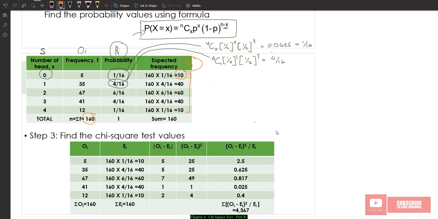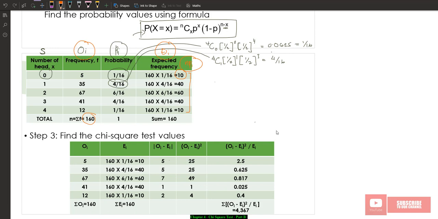We have our observed frequency and expected frequency, so observed minus expected frequency. This is the modulus, so we disregard the negative sign because at the end we're going to square the value. So the value of observed minus expected should always be positive.